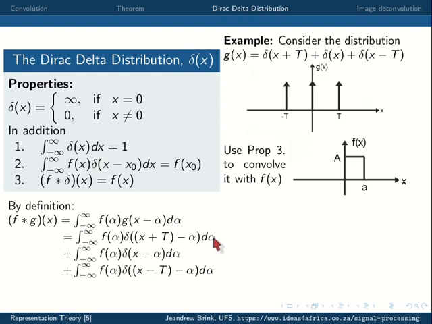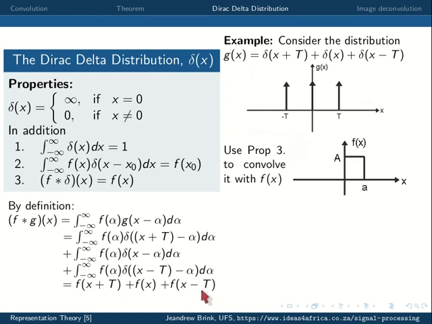So here we have alpha, so this whole thing is x0, so this will give us f of x plus t. Here we have alpha, so this will give us f of x, and here we have alpha, so the rest is x0 over there, so this is x minus t, and what we get out is that we have f of x plus t plus f of x plus f of x minus t.